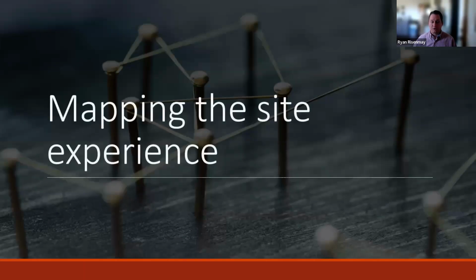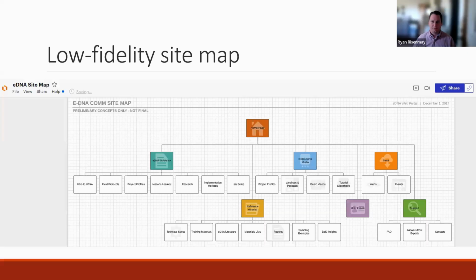And so we're going to look first at how do we map that site, and this is where the sitemap comes in. And a sitemap, really, you can use a tool like Visio at the basic level. PowerPoint can do it. I typically have my students work in tools like Gliffy, which is kind of iffy, so to speak. And there's also Lucidchart, which I really like.